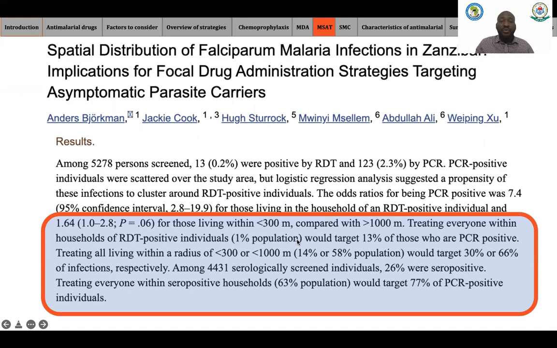But if you go wider, let's say people living within 300 meters, you are going to get at least 14% or 15% of the population within the RDT tested, but that's more than 60% of the people that would be PCR positive. So widening the focal drug administration is also useful. This is even more evidence for us to see how focal drug administration might not be very useful in an elimination setting.